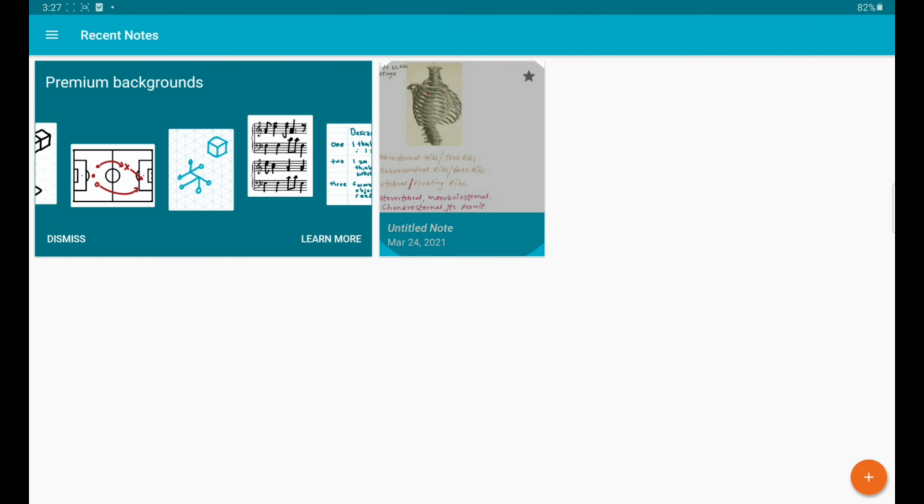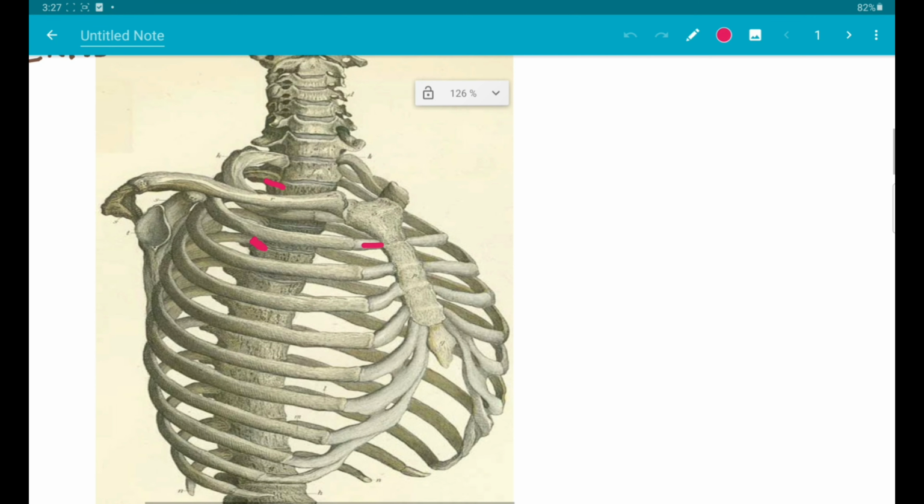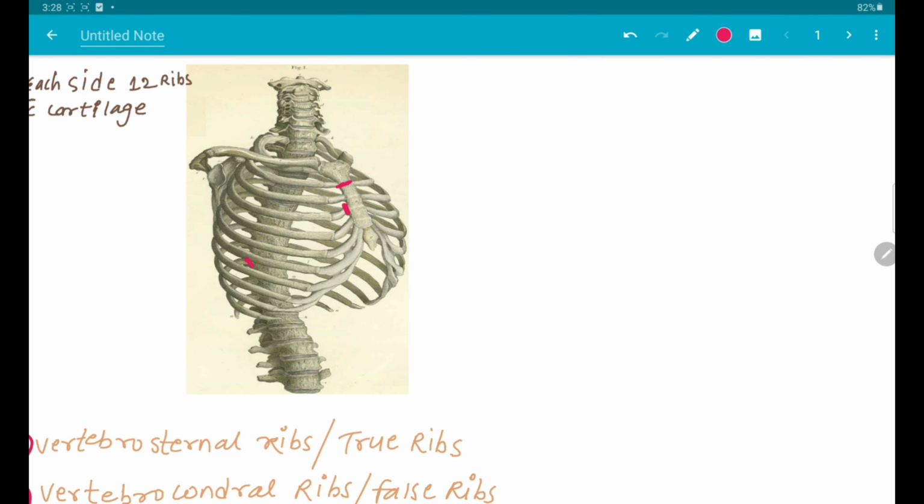So in this condition, this joint is the chondrosternal joint, because it is chondral and sternal, it forms the joint here.